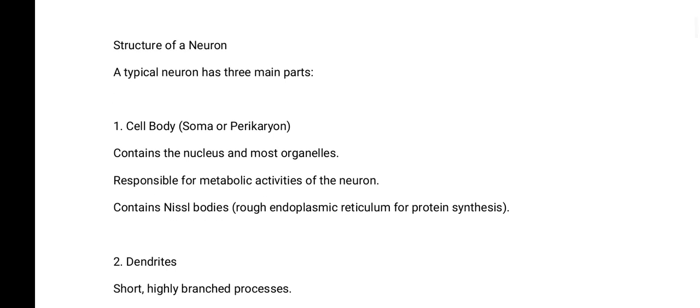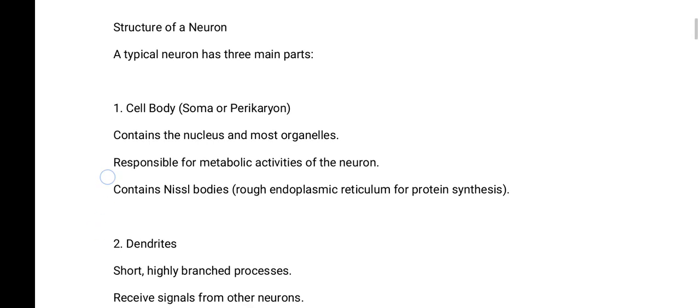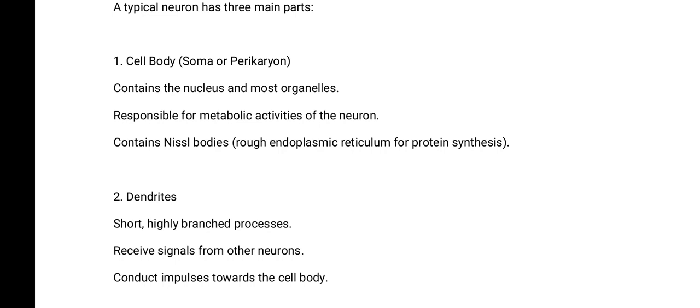A typical neuron has three main parts. Yes, the cell body, also called the soma or the perikaryon, and in the cell body we have the nucleus, we have the granules, we have nissl bodies, and this part is responsible for metabolic activities of the neuron.